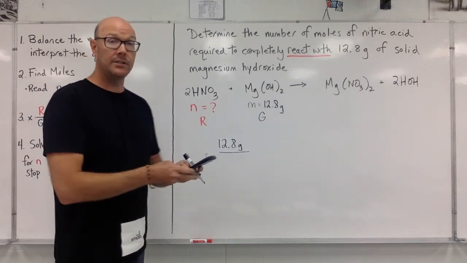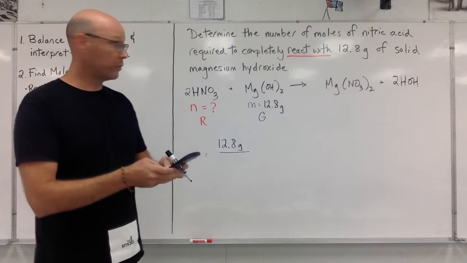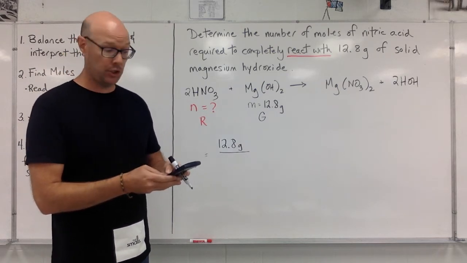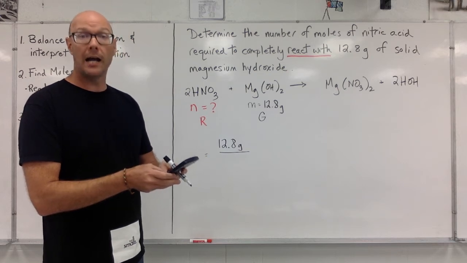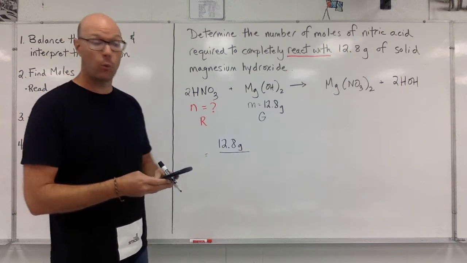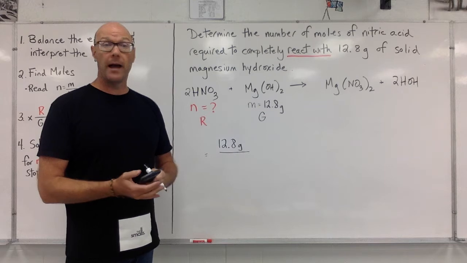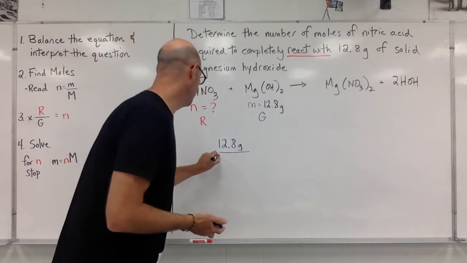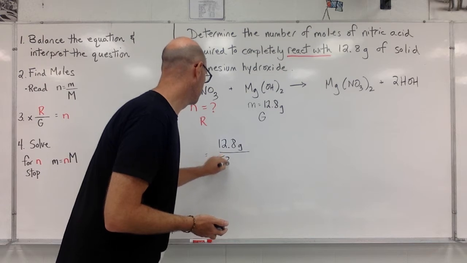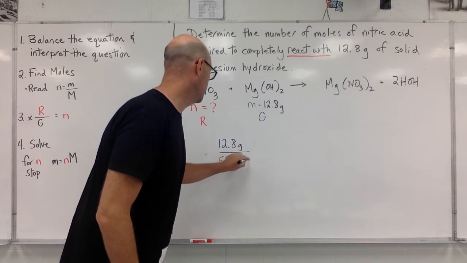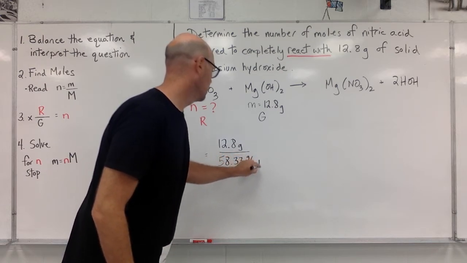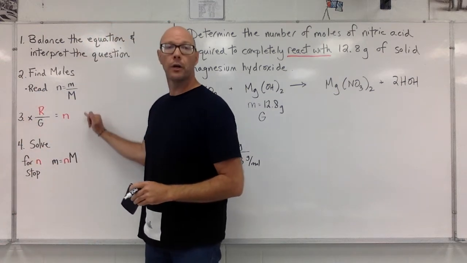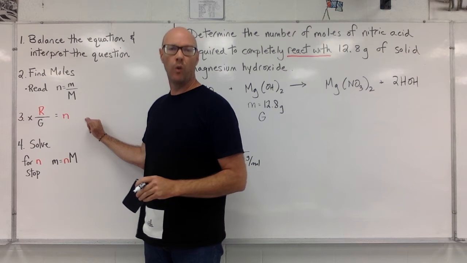That's 1 magnesium at 24.31 and 2 oxygens at 16 each and 2 hydrogens at 1.01 each. The molar mass of Mg(OH)2 is 58.33 grams per mole.